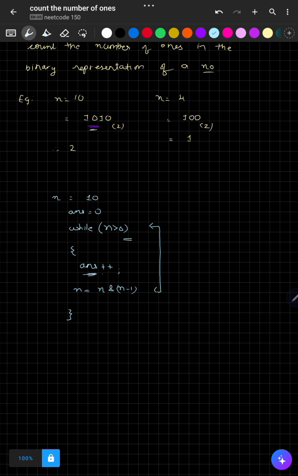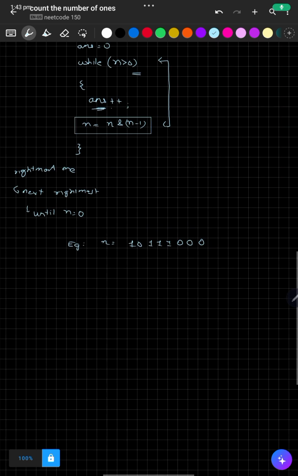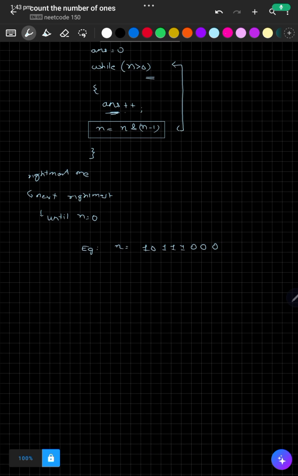But how is that? The answer lies in this particular statement. Each time you do the operation n is equal to n AND n minus 1, the rightmost one will be eliminated. Again, the next time you do n is equal to n AND n minus 1, the next rightmost one will be eliminated, and so on.